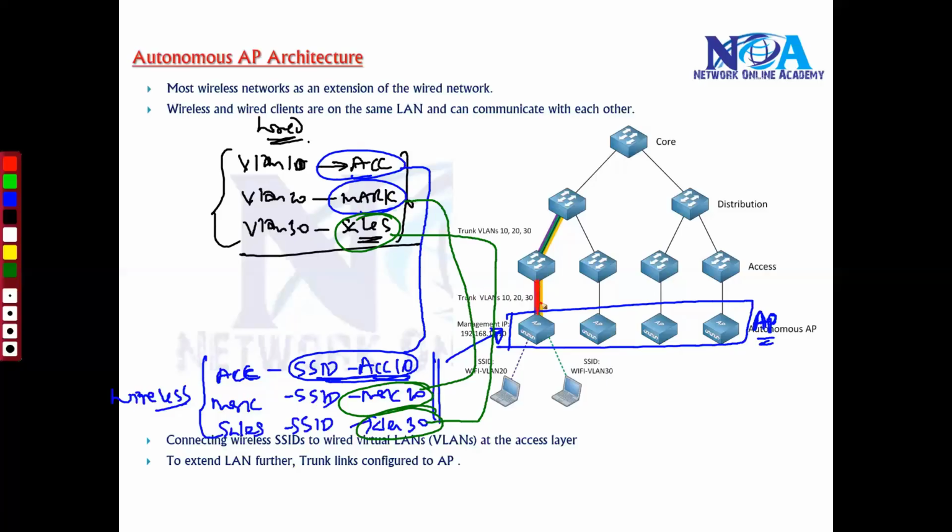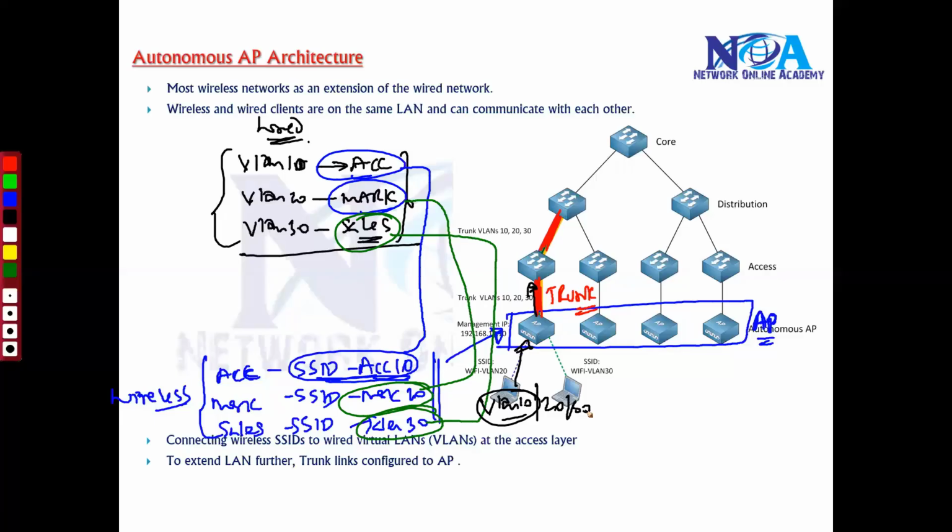And again, the links which are connecting between the switches as well as between the access point are configured as a trunk link. This is to ensure that the user's VLAN 10 traffic, when it is moving to the access point, should go on the trunk link. The trunk link is the link which is going to carry multiple VLAN traffic.